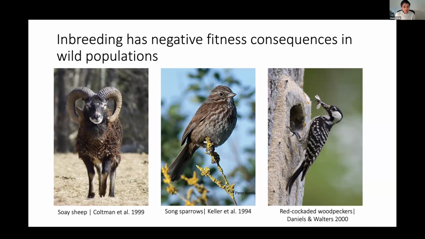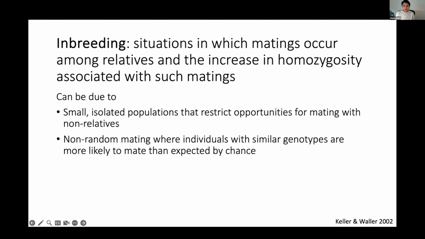Because inbreeding can have such drastic impacts on fitness, even in wild populations, it's important to understand the causes of inbreeding. The two main ways in which inbreeding can arise in a wild population are, first of all, if it's just a small isolated population where even if the individuals are undergoing random mating, there just aren't a lot of opportunities to mate with non-relatives, and so they end up mating with close relatives.